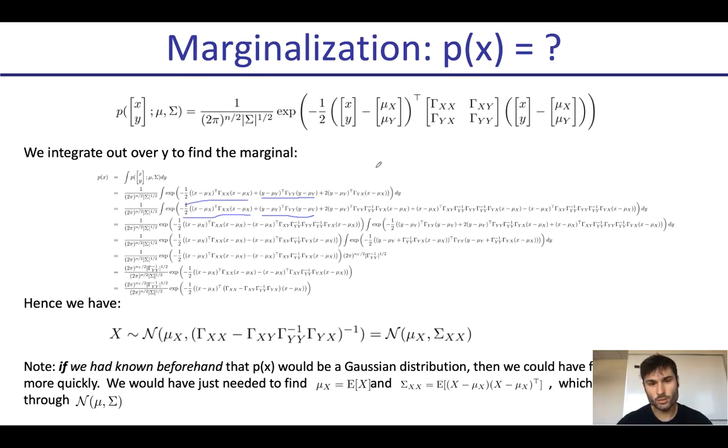We'll try to do the typical identity: a plus b squared equals a squared plus 2ab plus b squared.